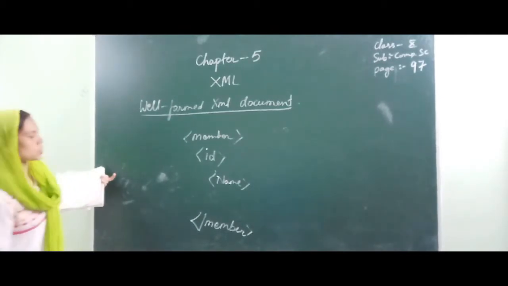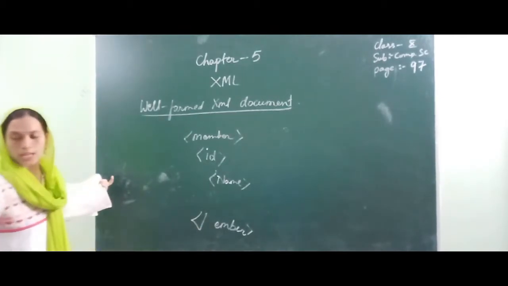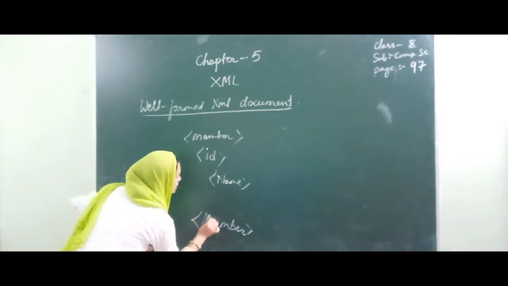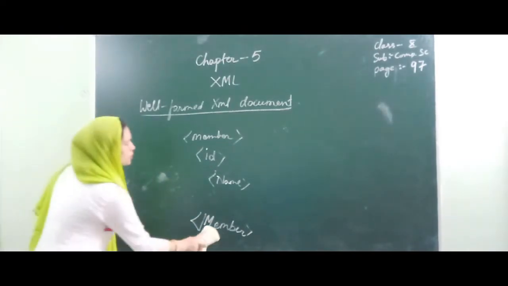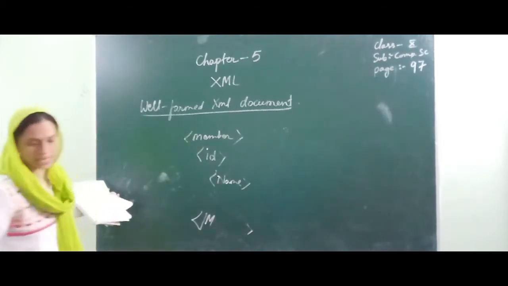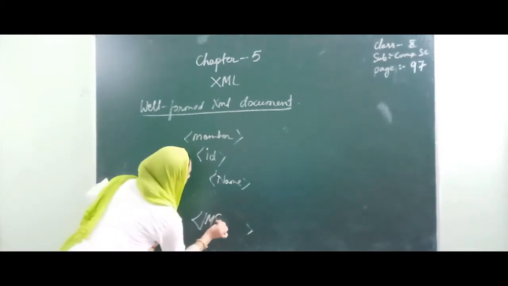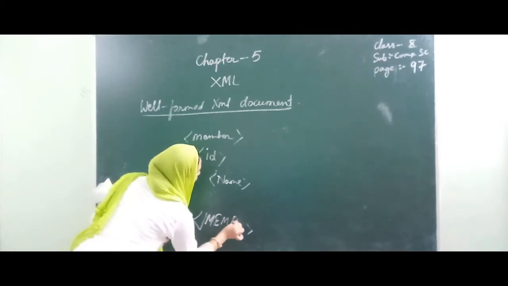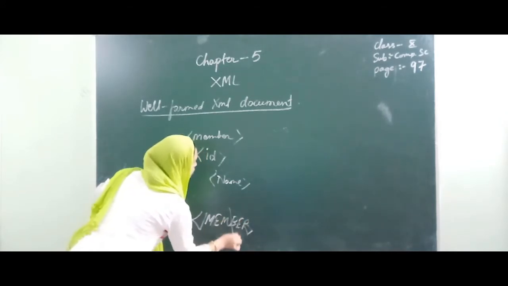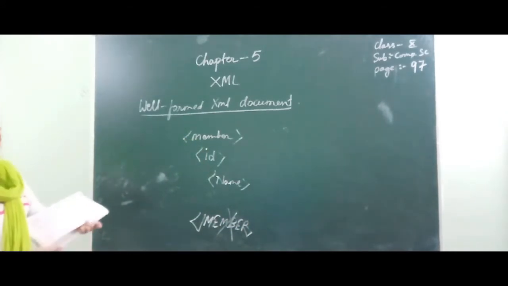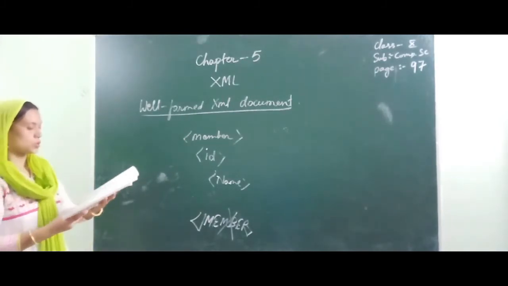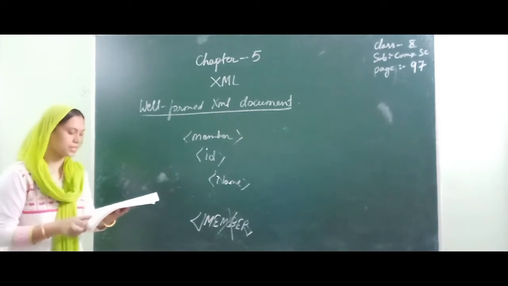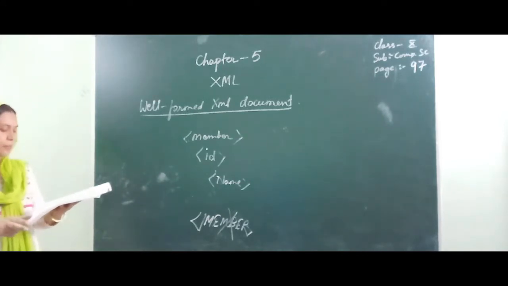You cannot close this member with the help of mixed letter like capital letter N, or you cannot close the member with the full capital letter, that is MEMBER. This is wrong. Instead, you have to close only with a small letter, that is called case sensitive. So we have to follow the case sensitivity in XML but not in the HTML.